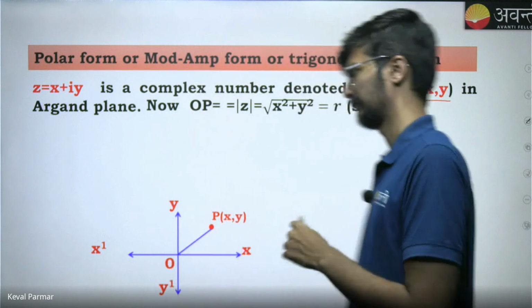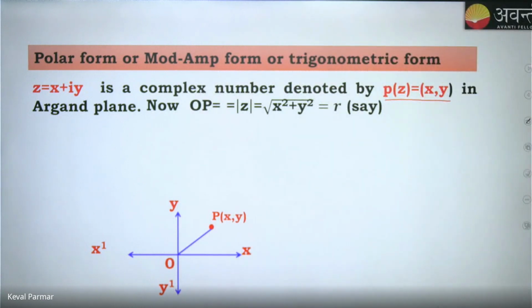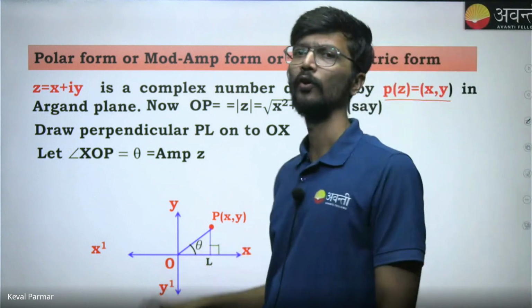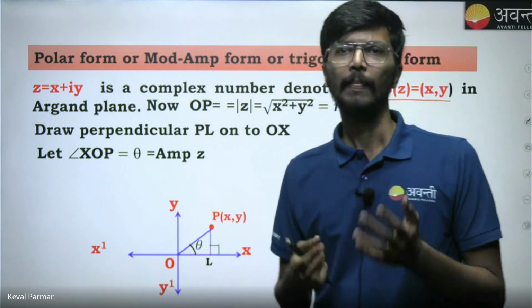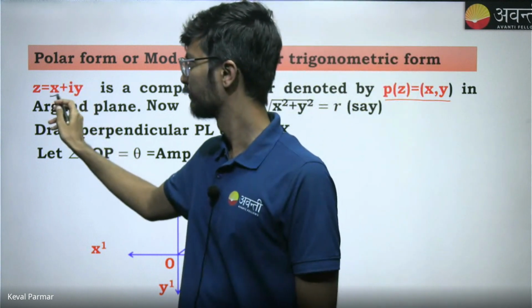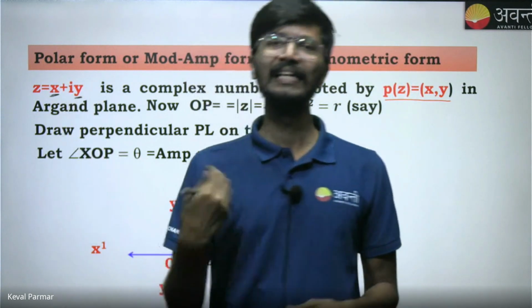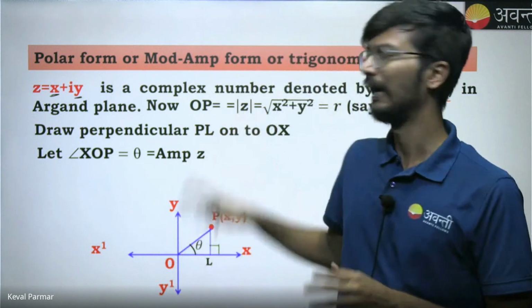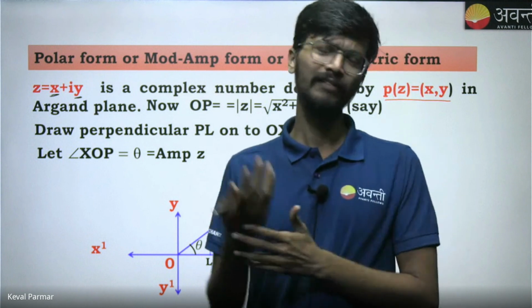We discussed this last time. What will be the argument, guys? It will be theta. If we draw a perpendicular, then the angle XOP is the amplitude, or you can say argument. Now basically we just have to write x and y in terms of r, that is, modulus, and theta. We have done this many times.